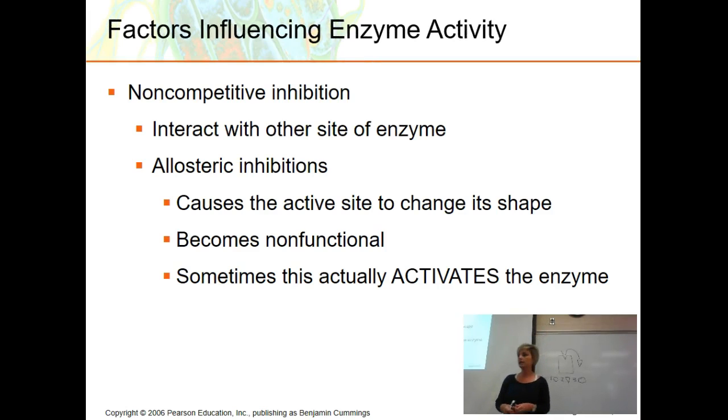A non-competitive inhibitor is also known as an allosteric inhibitor. And the reason why it's called an allosteric inhibitor is because many times on an enzyme, there will be a separate binding site. It's not the site, though, for the substrate.